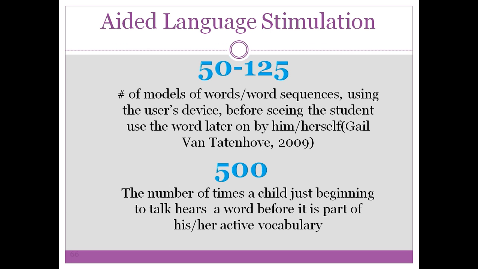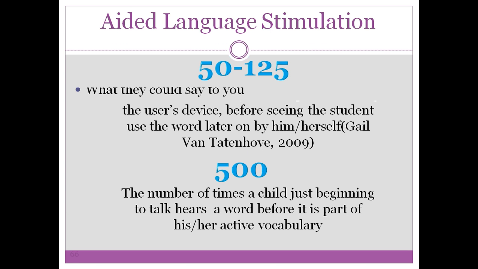She calls it informal, but she tracked the number of models she had to do for somebody's sequencing before she saw them do it themselves. She said 50 to 125 times that she modeled without expectation, without saying, do it after me. Just modeling in conversation before she saw them later using the device.